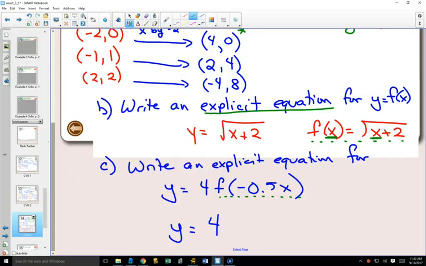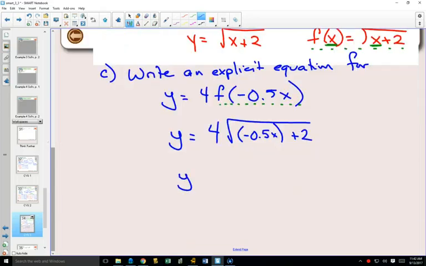So the fact that inside is a -0.5, we would write square root, and instead of where the x is, we would write -0.5x. I'll put it in brackets for now. And then we still have +2 after that. So when I write it without the brackets, the equation of that blue graph would be 4 square root of -0.5x plus 2. Practicing that function notation again.